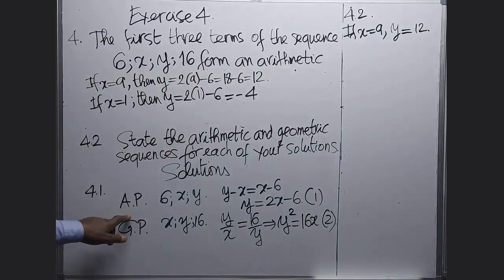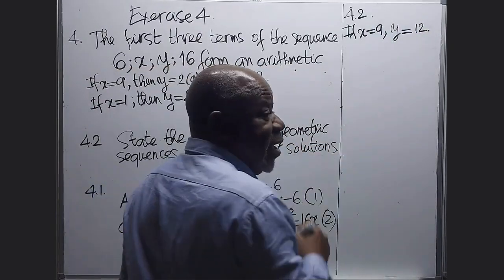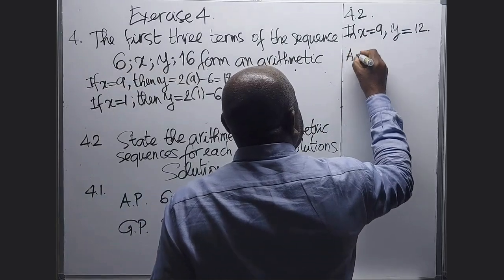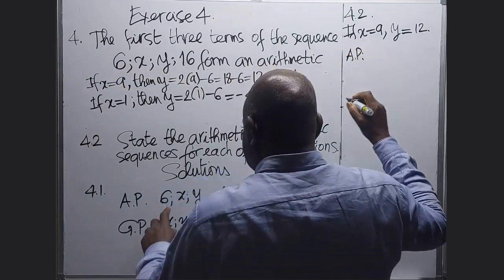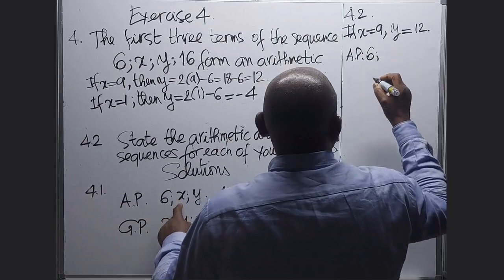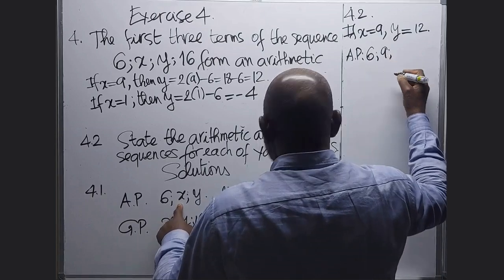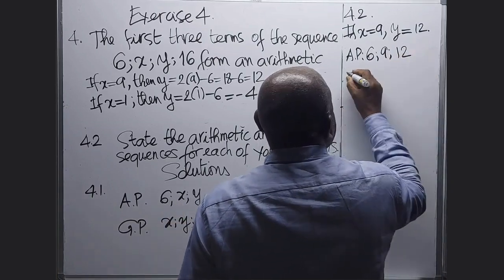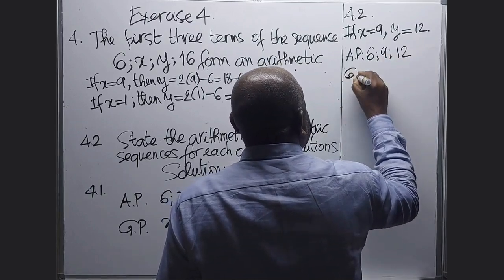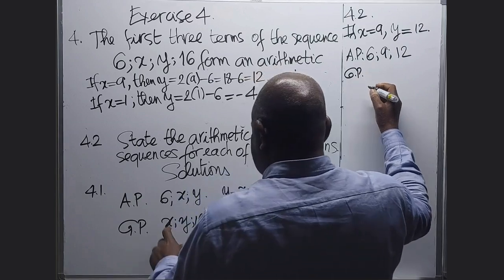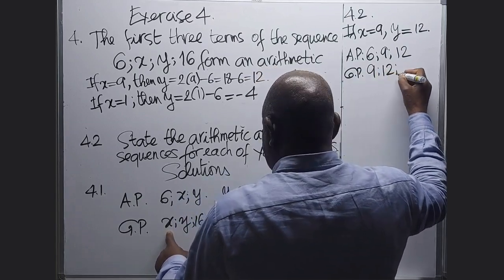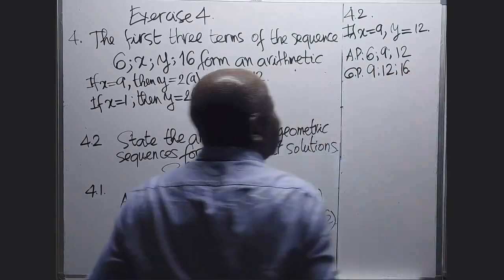Coming back here, the arithmetic progression will have 6, x is 9, and y is 12: 6 plus 3, 9 plus 3. The geometric progression will be x is 9, y is 12, and 16, as you can see.